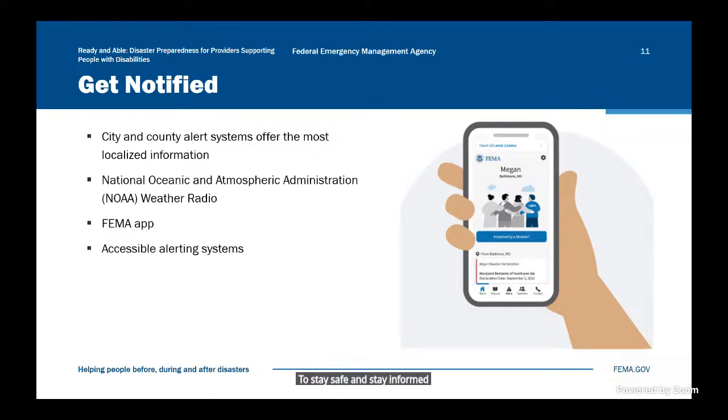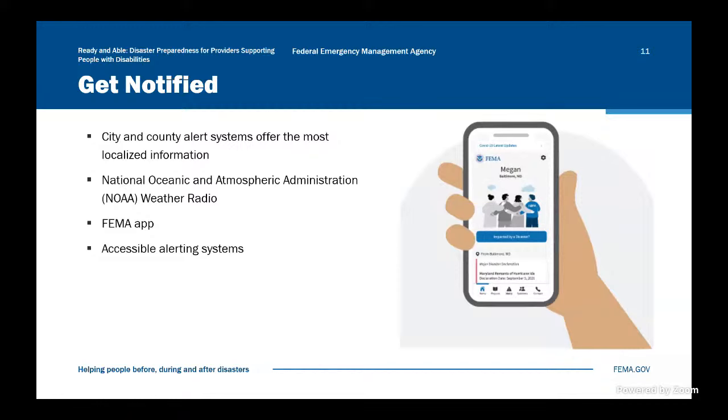We also learned, though, from this past flooding event over the summer in Texas, that cell phones don't always work. Even if you have one, you may not have a cell signal if it's a rural area, or sometimes the actual storm can knock out a cell signal. That's why we also recommend what we call a NOAA weather radio.